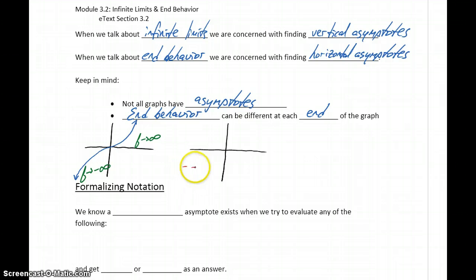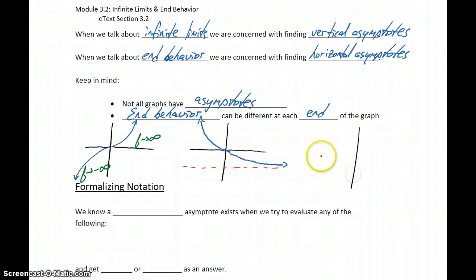We could have a horizontal asymptote at one end of our graph, but at the other end of our graph, our function could be headed to positive infinity, negative infinity. So we can have a horizontal asymptote just on one end of the graph. Or, of course, we might get the exact same end behavior at both ends of the graph.